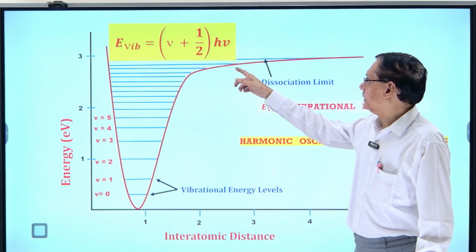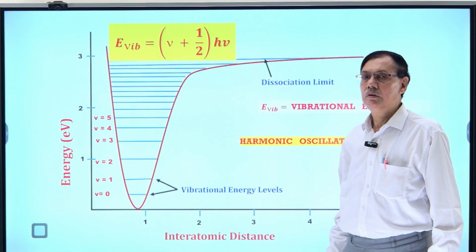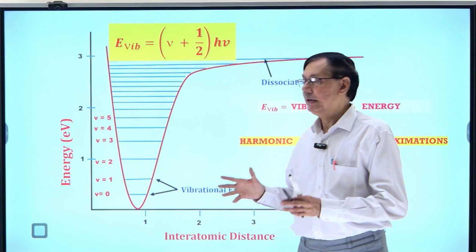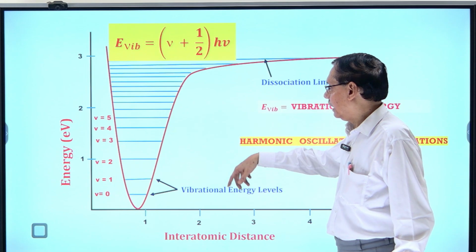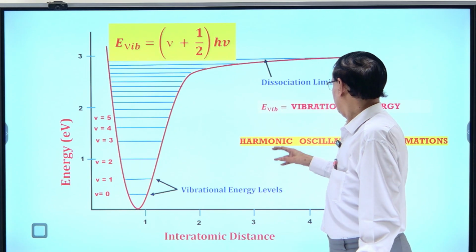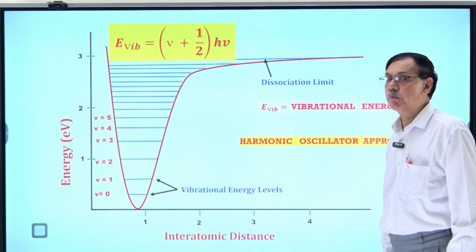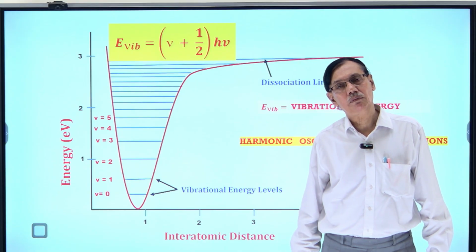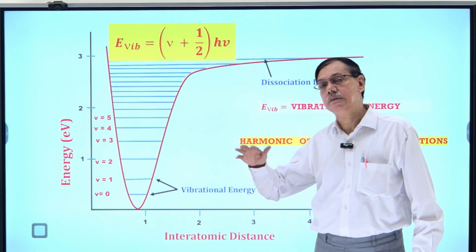Now the second problem is the question of how do I calculate the vibrational energy, of course with the help of the harmonic oscillator approximation. Now you can ask me, sir, why are you talking about approximations?